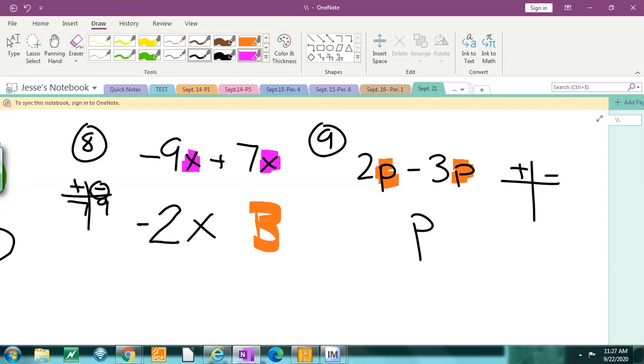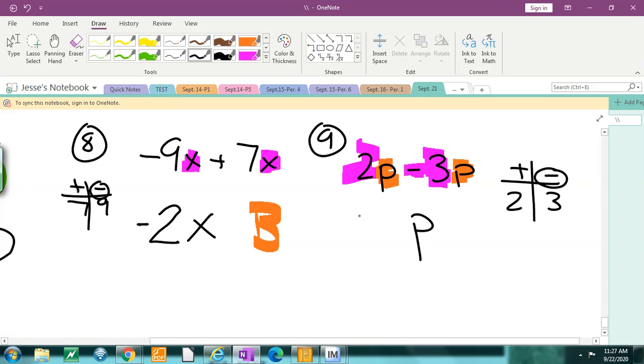We know we got 2, and we have a negative 3. So my answer is negative, and I subtract, so it's 1. So negative 1, or leave it alone. I could do negative 1p, or just negative p, because we know there's a 1. So that answer is letter A.